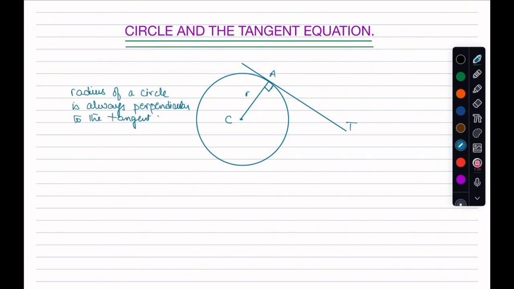If the two are perpendicular to each other, I can very easily say that the radius, or the line AC, can be having the gradient which is, let's say, m1, and the tangent AT will also be having the gradient which is m2, and we know very well that the product of two perpendiculars m1 and m2 will be equal to -1. So these are the two very main identities that we shall be applying to form the equation of a tangent.